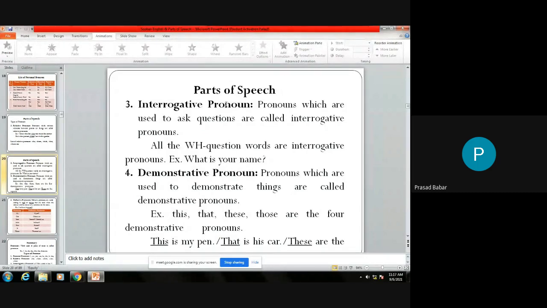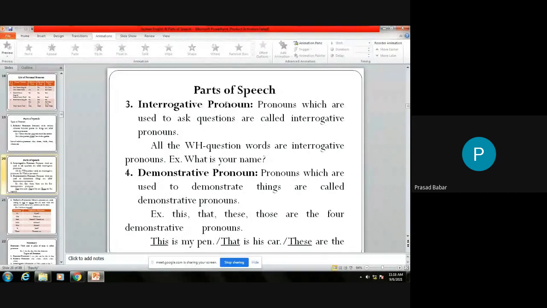Let's discuss it with an example. What is your name? Okay, so in this question, what is a word which is used as an interrogative pronoun. So WH words come under two categories: relative pronoun and also interrogative pronoun.